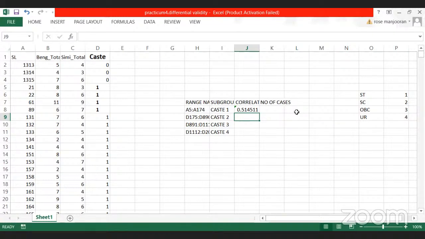Yeah, it's clear. Okay. Then similarly, we are going to find for CAS 2, CAS 3 and CAS 4. So what we will do is we'll write equal to CORREL.